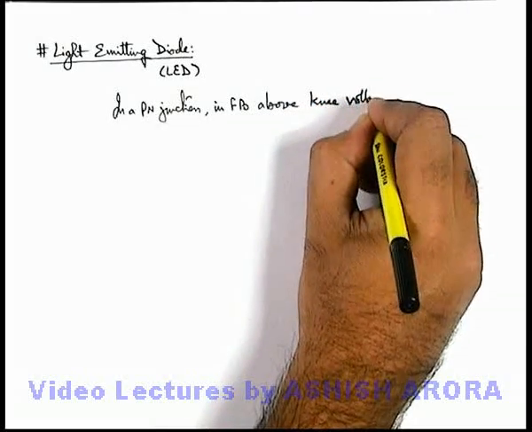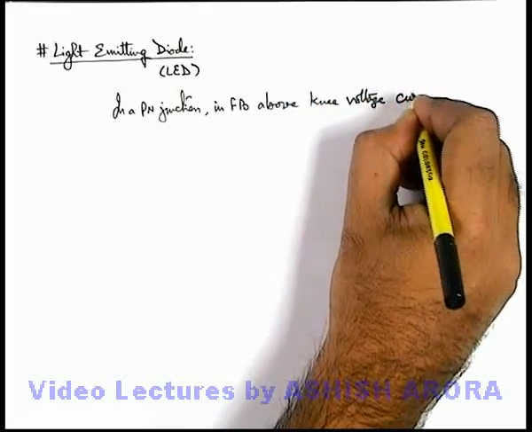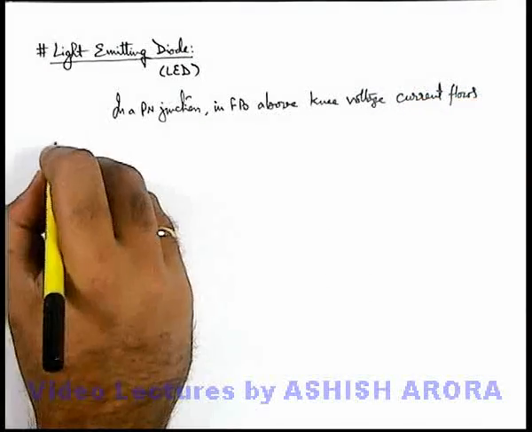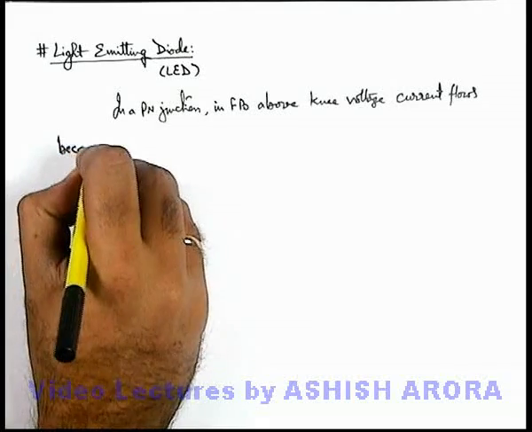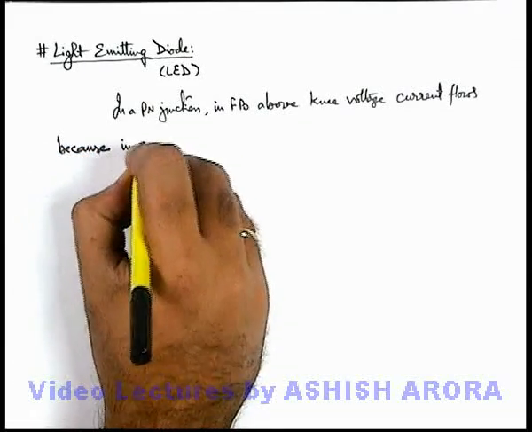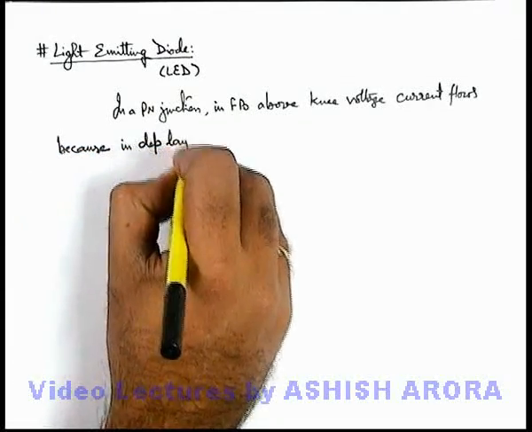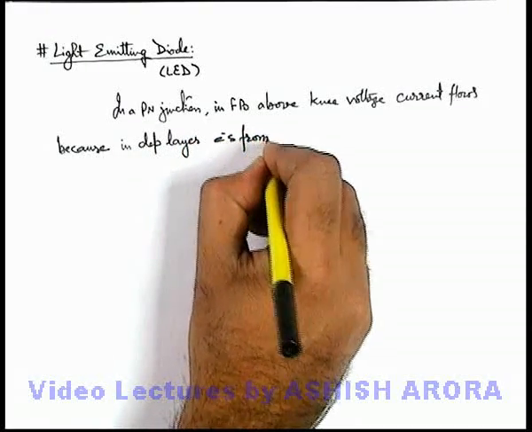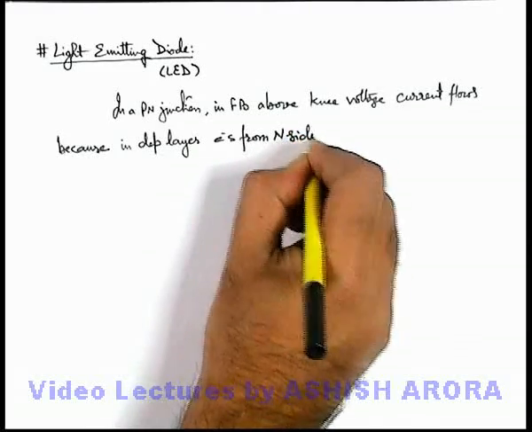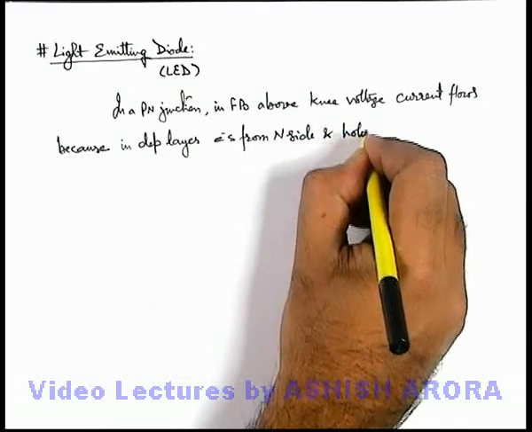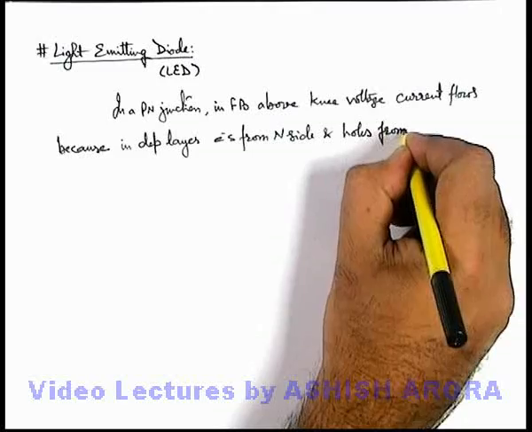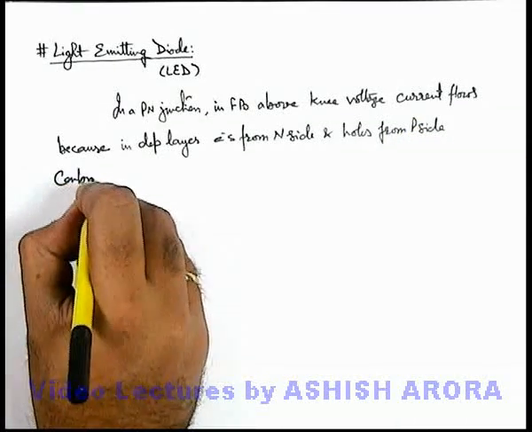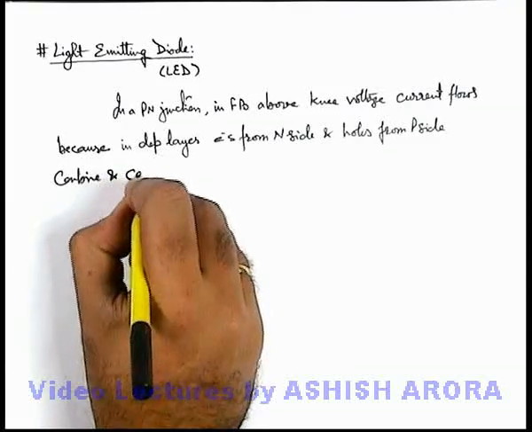above knee voltage, current flows because in the depletion layer, electrons from the N side and holes from the P side combine and constitute current.